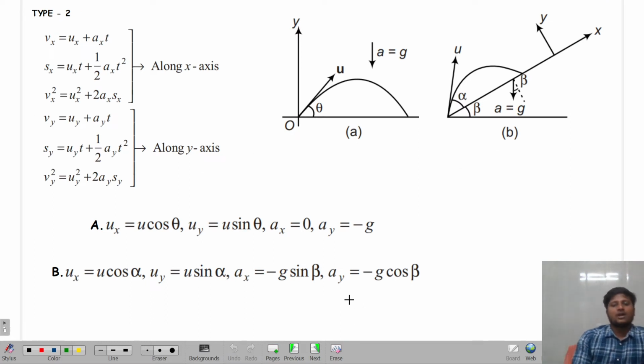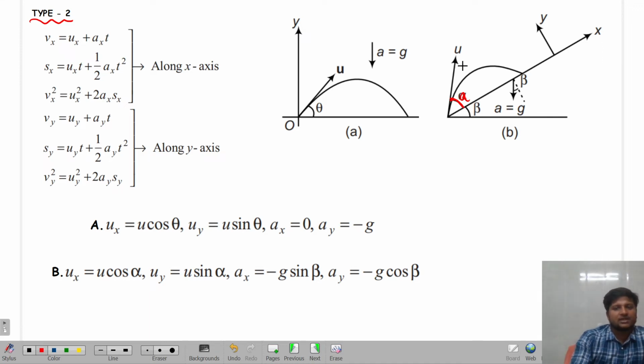So now we will have type 2 of the projectile motion. Type 2 means we have first the normal case, where the particle is thrown making some angle theta with the horizontal. Now in the second case, the particle is making some angle alpha with the inclined plane, and the inclined plane is making some angle beta with the horizontal.